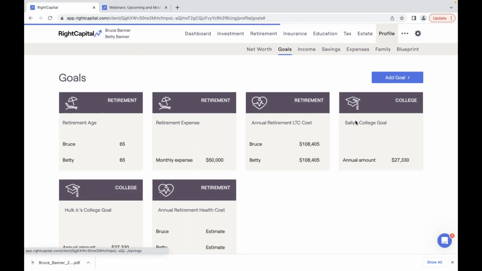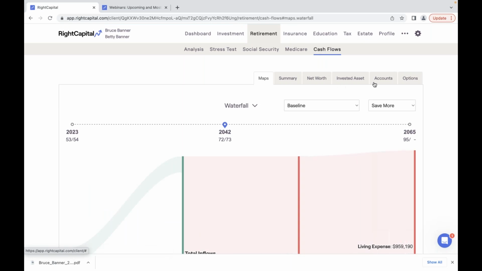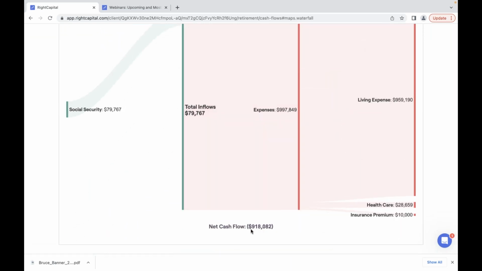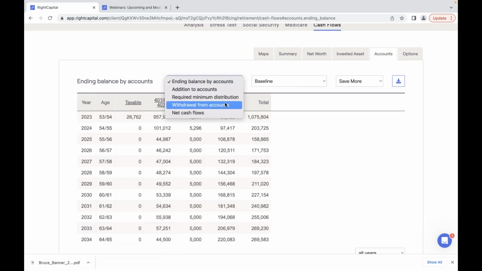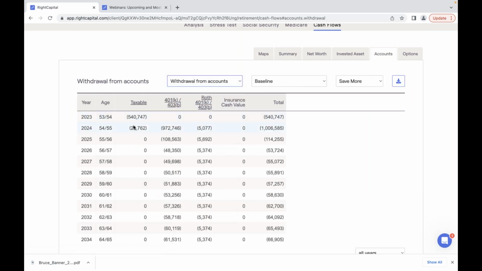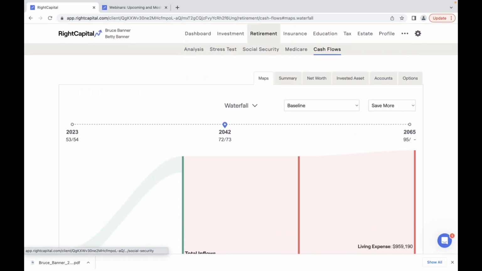So under retirement, under cash flows, under withdrawal from accounts, we're going to see that we deplete all the invested assets in a certain order, because obviously there's large amounts of negative net flows we're trying to fund. And under the accounts tab, I'd be able to see first we deplete taxable accounts, then our 401k accounts, and then our other assets as needed. So taxable, tax deferred, then tax free is the sequence you're going to see by default.